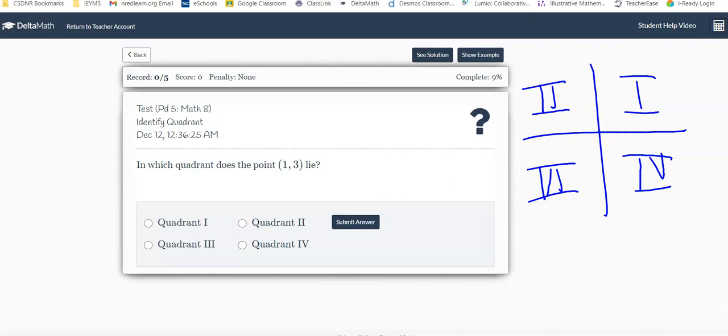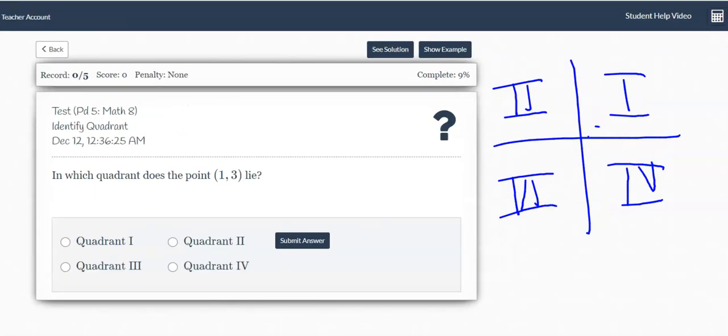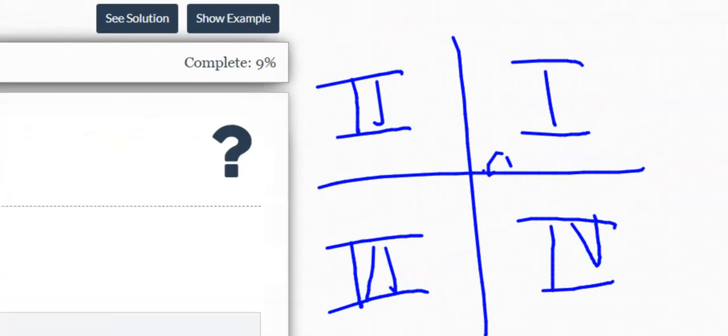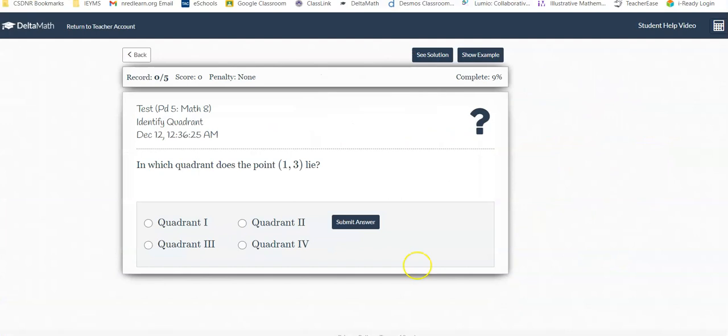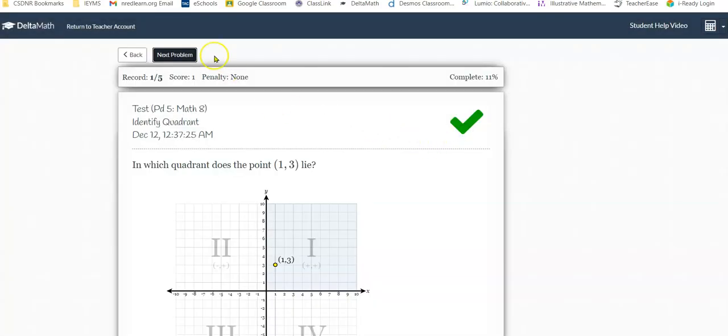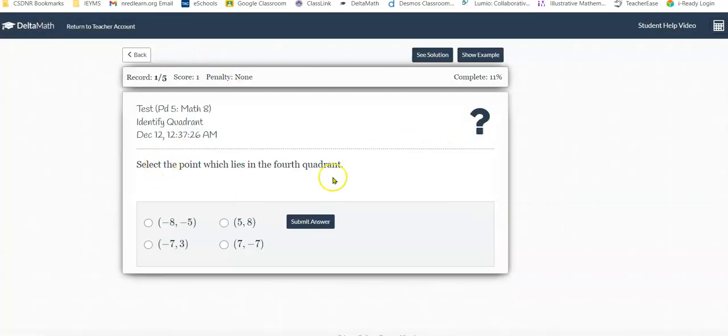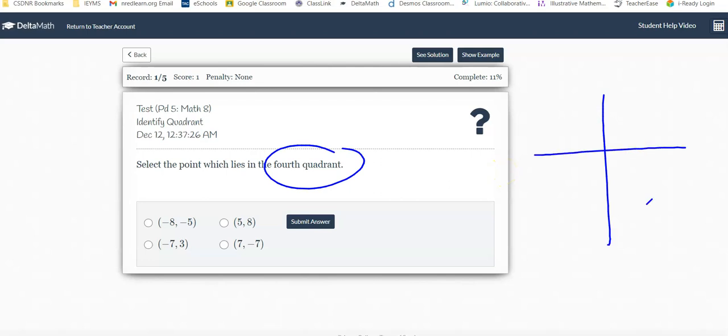So point 1, 3. So if you're at the origin and you go over 1 and up 3, that would be in quadrant 1. So draw yourself a little 4-area quadrant, and you can move in the direction of these numbers, right? So something in the 4th quadrant would be down here.